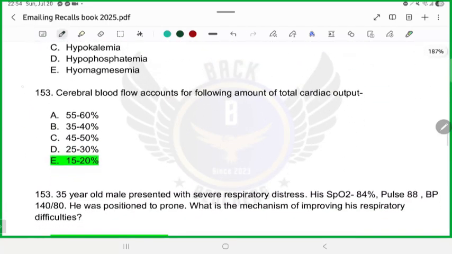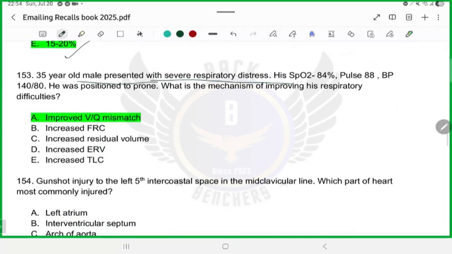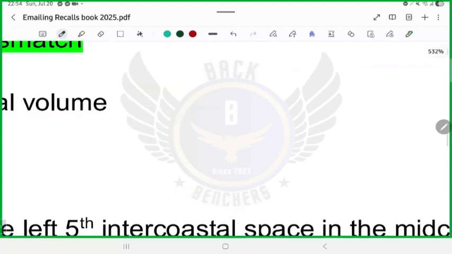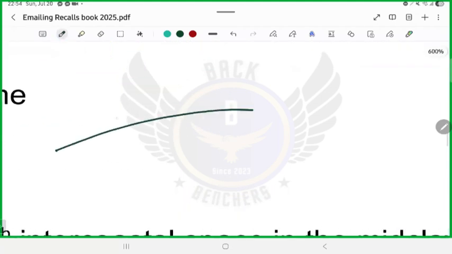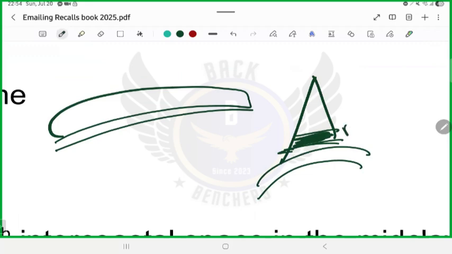Okay. Cerebral blood flow, we already explained. A 35-year-old male presents with severe respiratory distress, and he was positioned prone. What's the mechanism of improving respiratory difficulties? Improved ventilation-perfusion mismatch. In supine position, the lung base is mostly perfused.